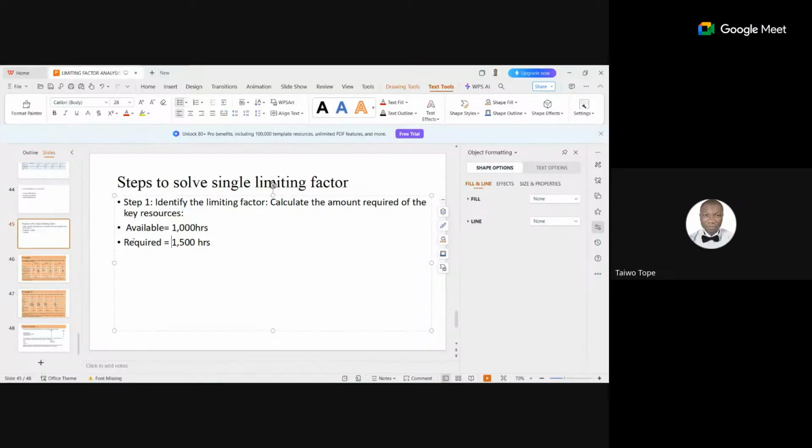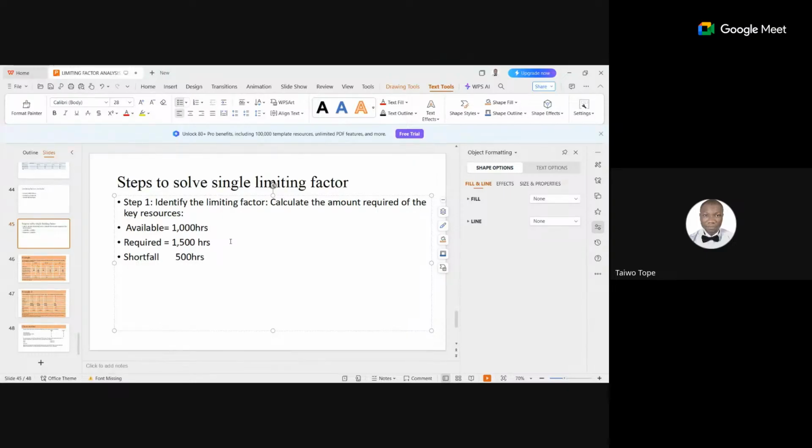So in this case, labor hours is a limiting factor, because for us to meet our production requirements, we need 1,500 hours. But what is available is 1,000 hours. So we have a shortfall of 500 hours. So it shows that labor hours is a limiting factor.